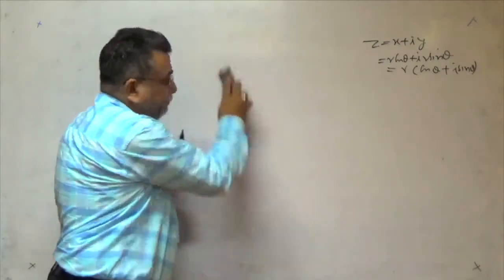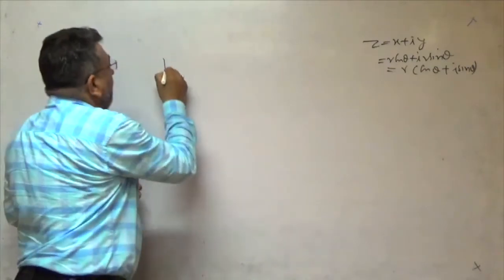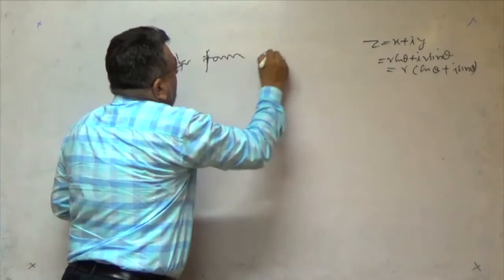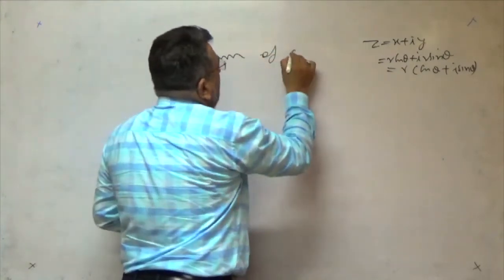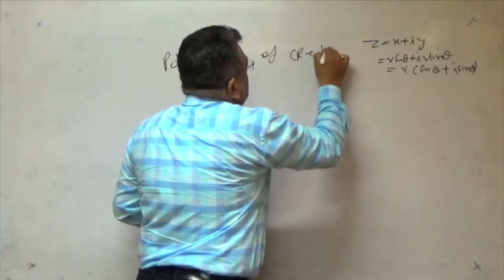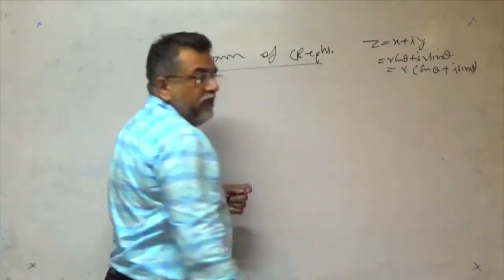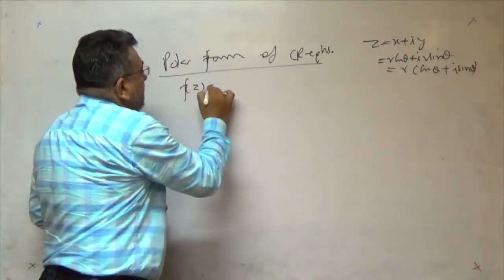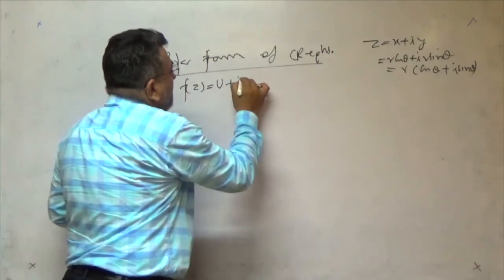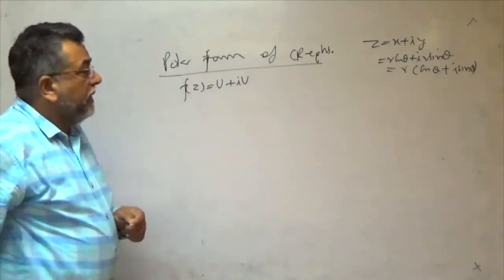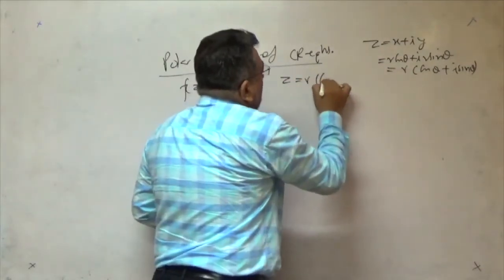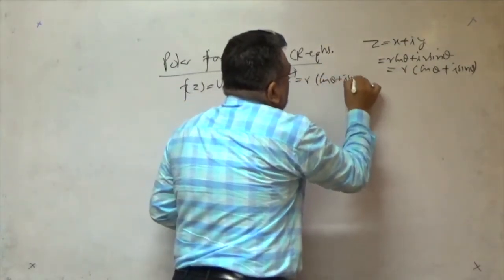First, the polar form of CR equations. If we take function f(z) equal to u plus iv. Now here we are taking z equal to r cos theta plus i r sin theta.